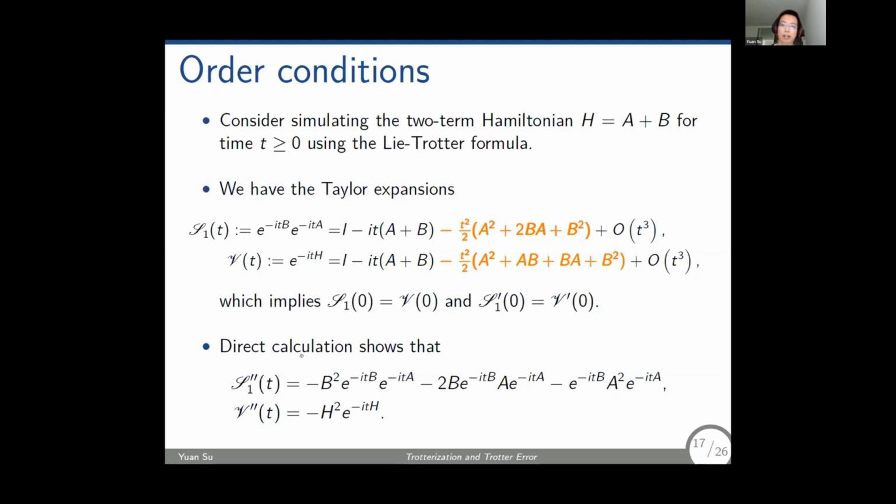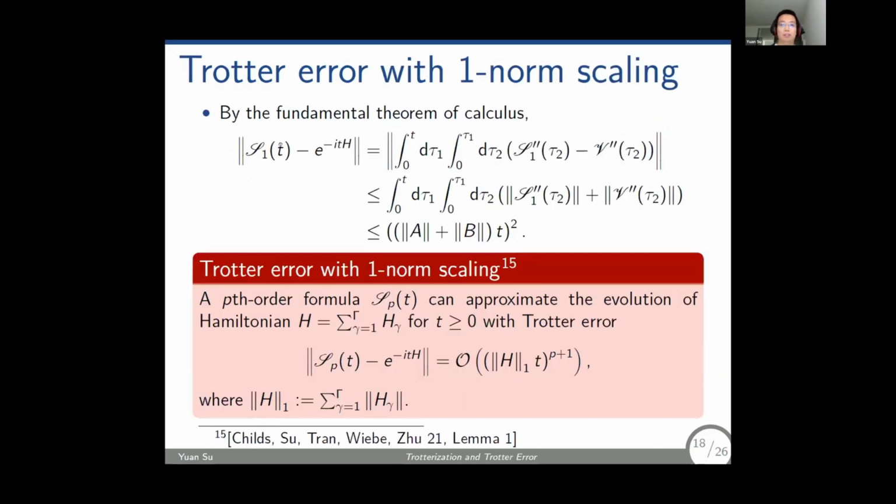But what you can do is apply the fundamental theorem of calculus. When you want to figure out the difference between the ideal evolution and the Trotterization, because of the order conditions, you take the second order derivative, and then you have this double integral by applying the fundamental theorem of calculus twice.